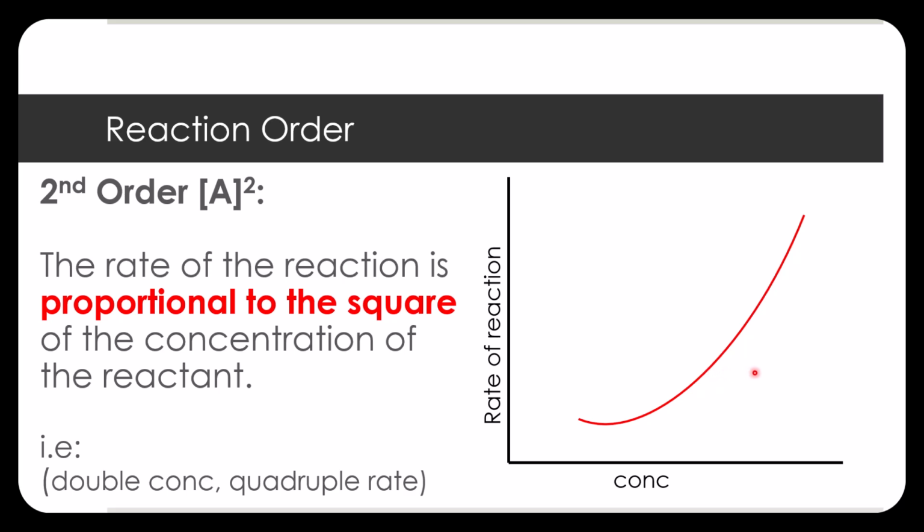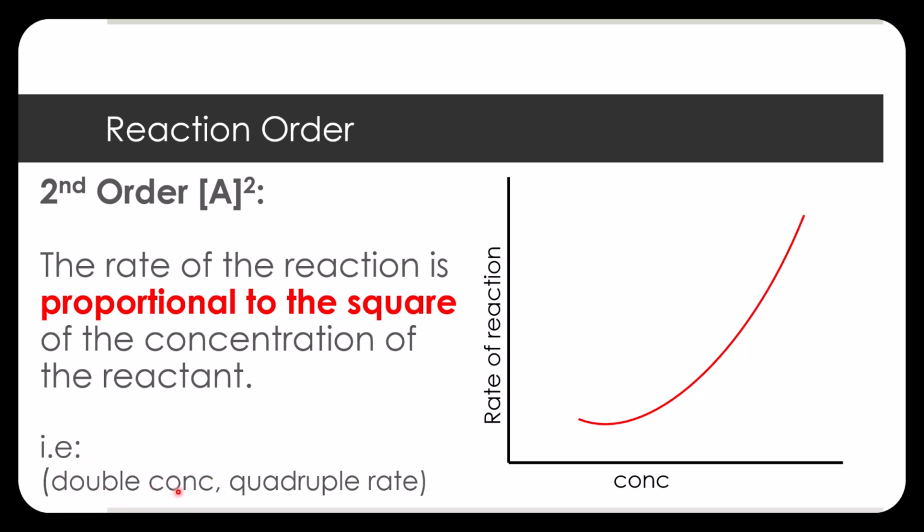If I double the concentration, the rate is going to go up by a factor of 4, 2 squared. If I triple the concentration, the rate is going to go up by a factor of 9, 3 squared. So the rate is going to just take off on us as we make small changes to concentration. Here's an example of that.